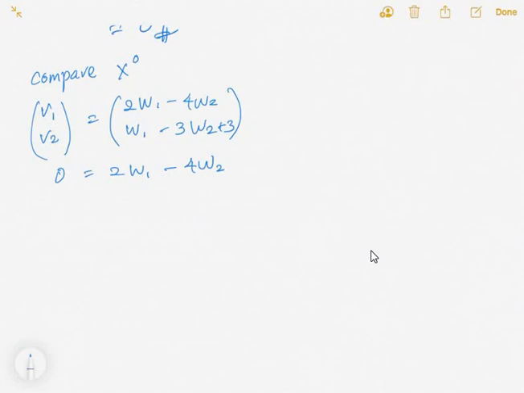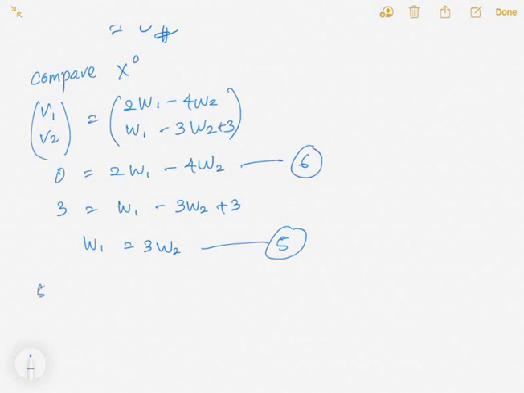For the first line, and the second line, v2 is 3. Second equation, v2 is equal to 3 equal to w1 minus 3w2 plus 3. So w1 you get 3w2. So this is equation number 5. This one is equation number 6.